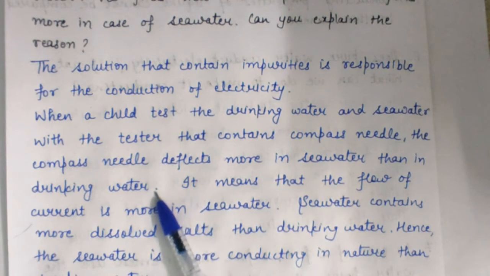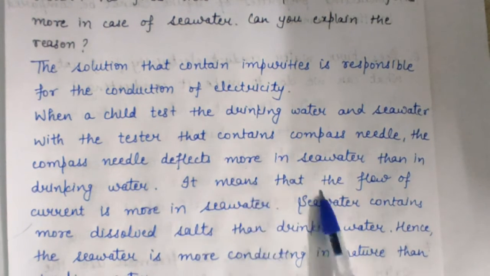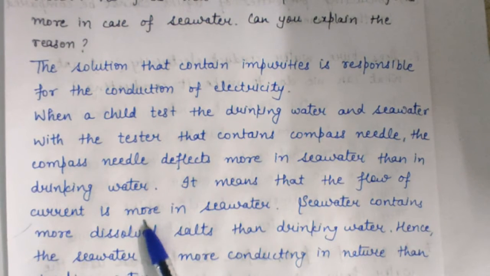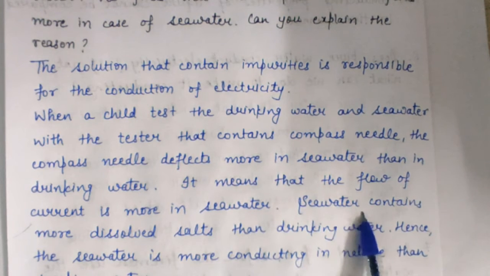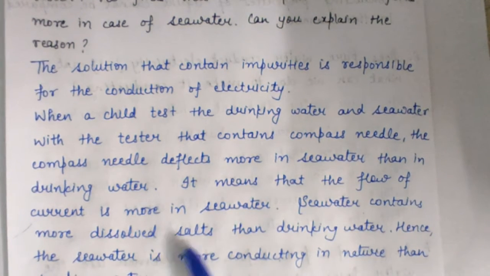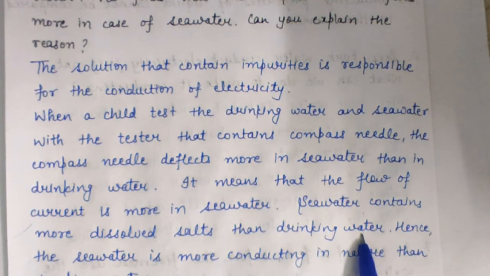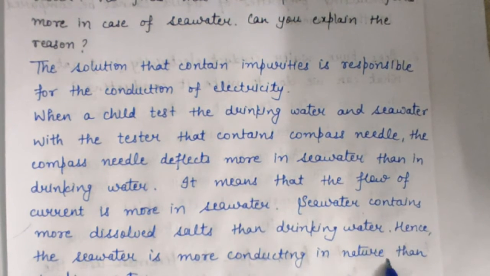It means what? It means that the flow of current is more in sea water and less in drinking water. Sea water contains more dissolved salt than drinking water. That's why compass needle shows more deflection in case of sea water. Hence, the sea water is more conducting in nature than drinking water. Okay.